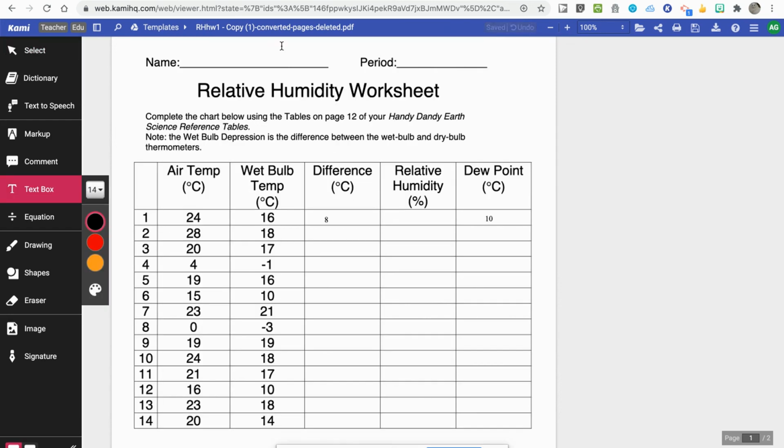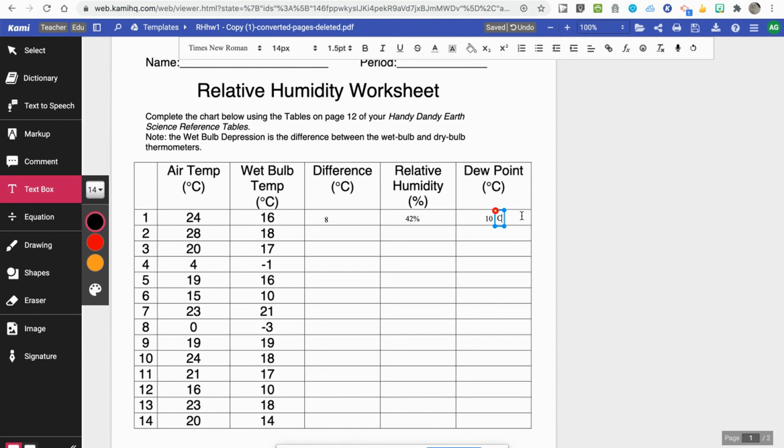So I'm going to go back over here. And it's going to then be 42%. Because remember, relative humidity is always going to have a percent. Okay, and then remember, the dew point is going to be in degrees Celsius.